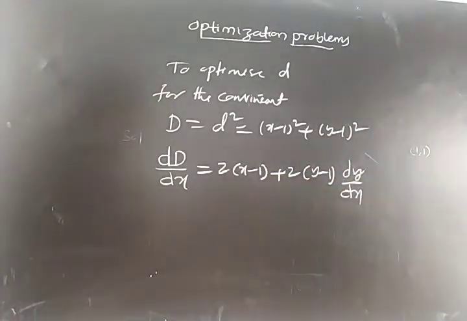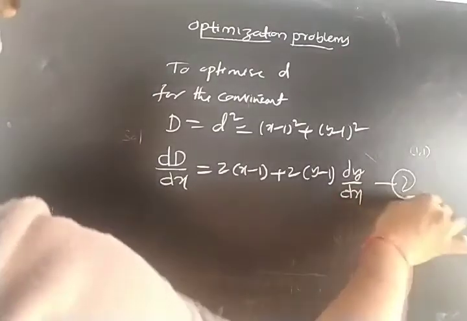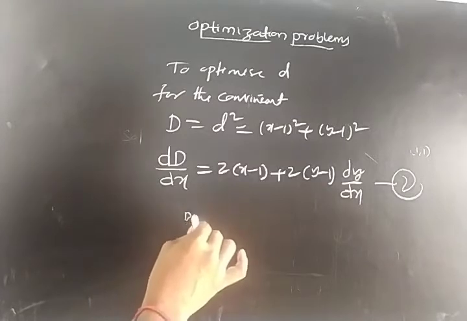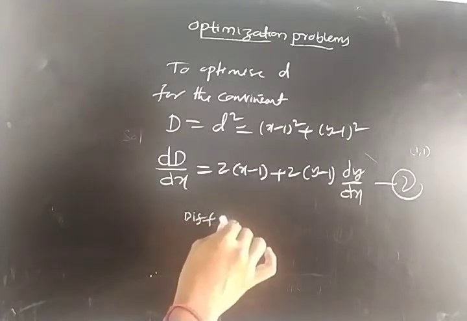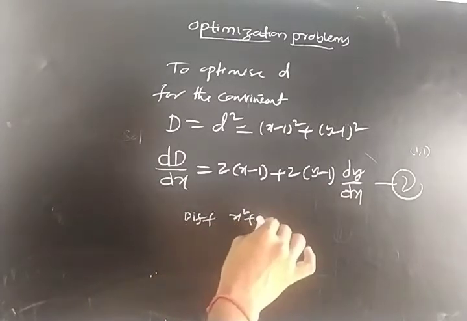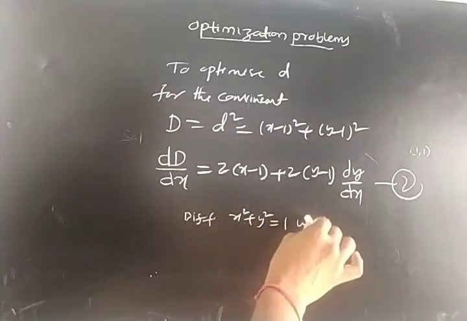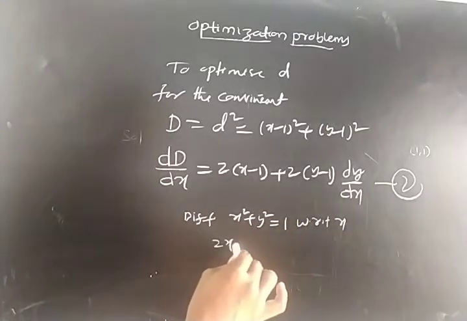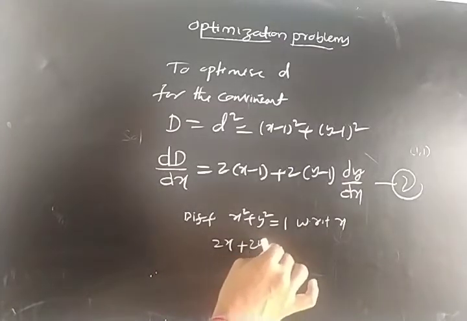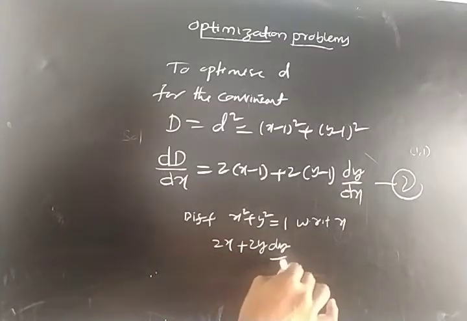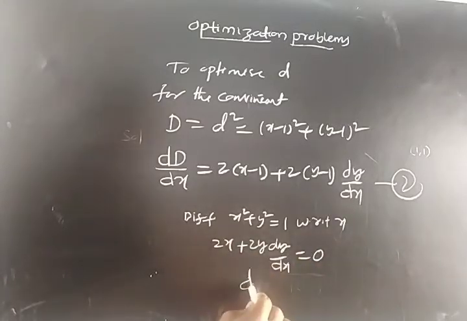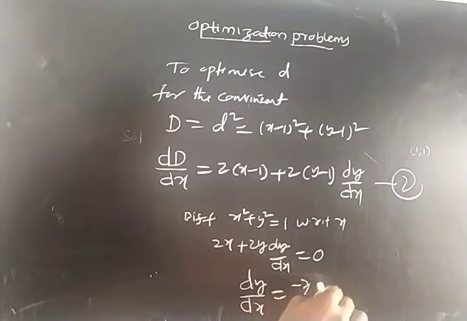Now to get dy by dx, say this is equation 2, I am differentiating x square plus y square is equal to 1 with respect to x. We will get dy by dx from this. This is 2x, and the y square derivative is 2y dy by dx, and the right hand side becomes 0. By sending all these terms to the right hand side, you will get dy by dx is equal to minus x by y.